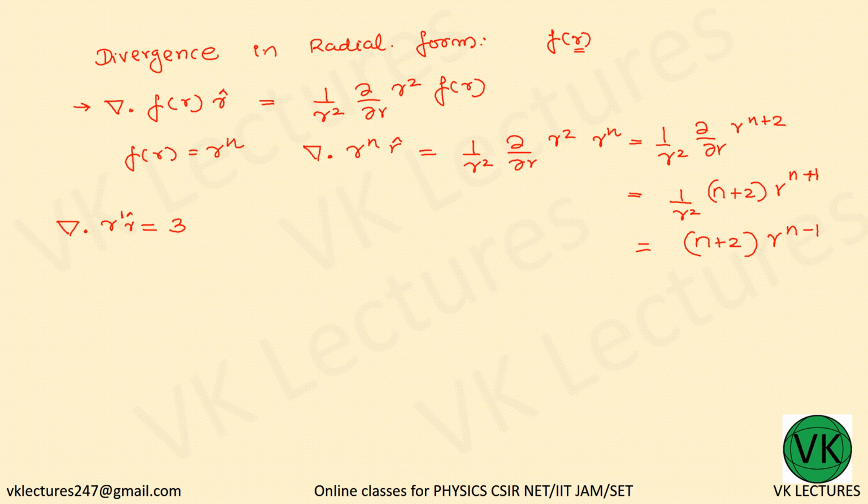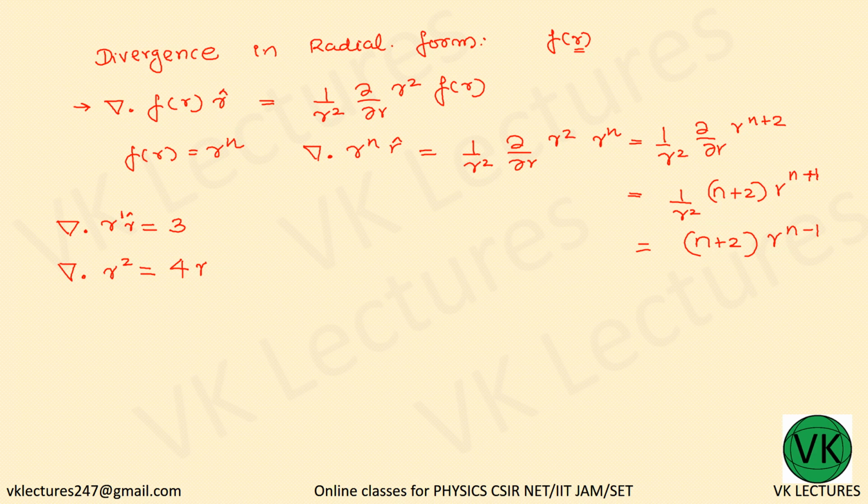Now let us see for del dot r squared, so n is 2, so 2 plus 2, which is 4, r to the power 2 minus 1, which is r. So divergence of r square is 4r, that is del dot r square is 4r.